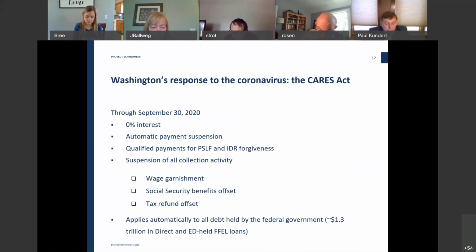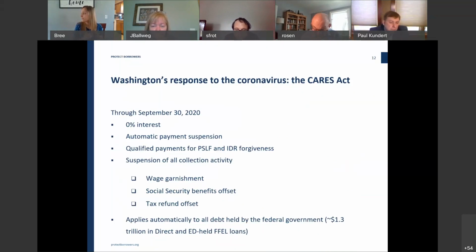That's not to take away from some significant steps that they have taken. But I want to walk through why, if you were worried about student debt before, there is no reason to think the situation has gotten any better, and it has actually gotten substantially worse.